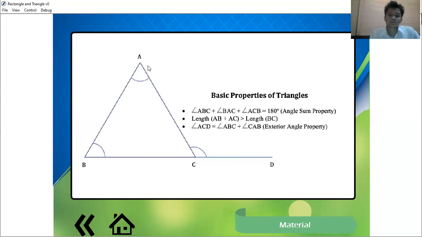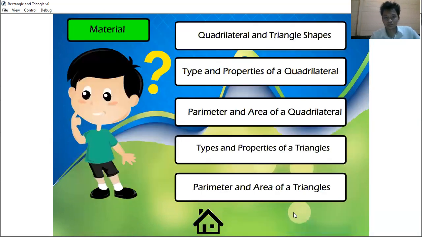Next, angle ACD is equal to angle ABC plus angle CAB, which is the exterior angle property. Come back to the material menu.